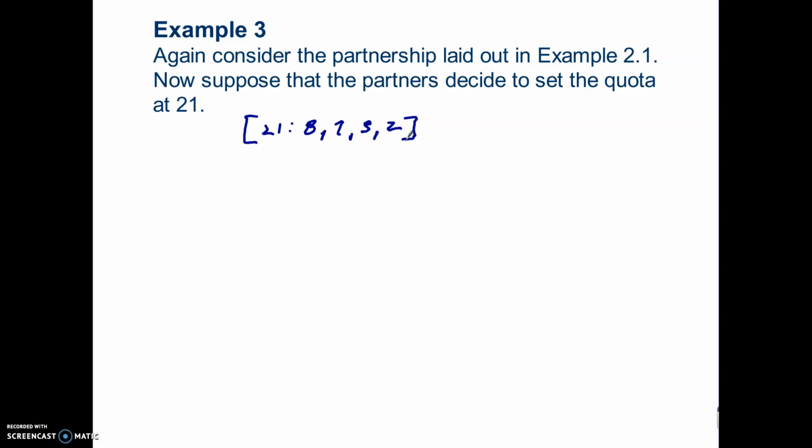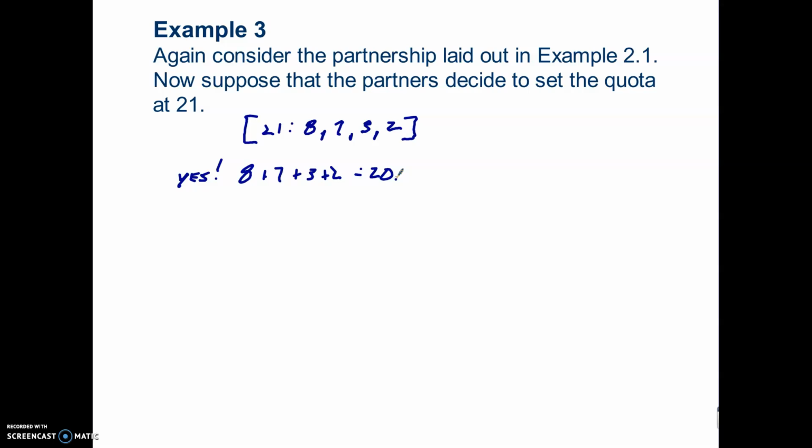So take a look at this. Let's suppose everyone votes yes. Everybody. So we have 8 plus 7 plus 3 votes plus 2 votes. That adds to 20 total votes. Everybody voted yes.